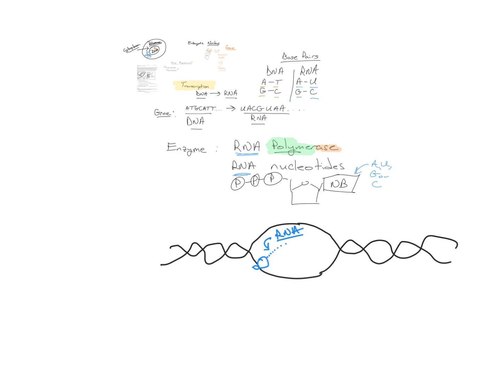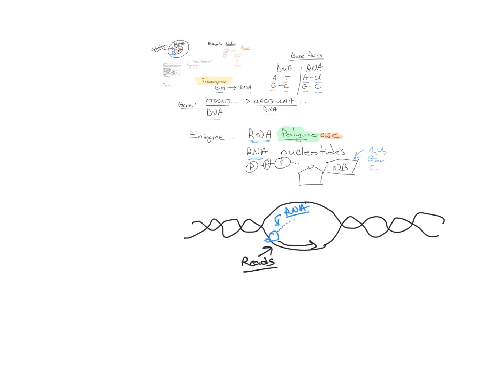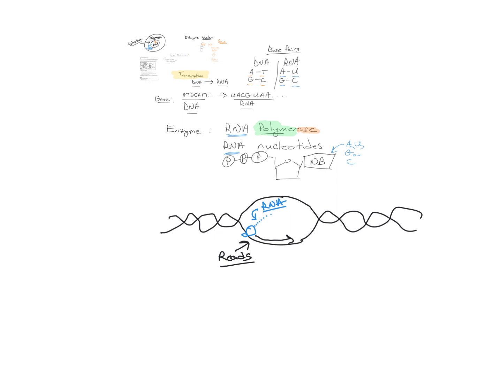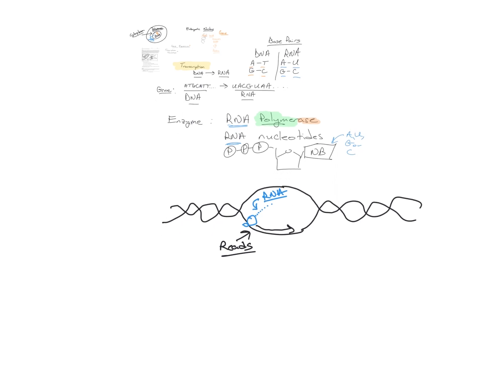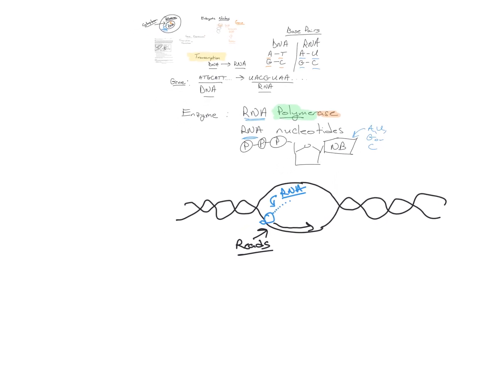It reads the message on the DNA. Where it sees an A, it puts a U. When it sees a T, it puts an A. It sees a G, it puts a C, etc. And it goes down the line reading. All right, that's basically the process, and we'll look at some details in a minute. So that's an enzyme, that's a gene, that's transcription.